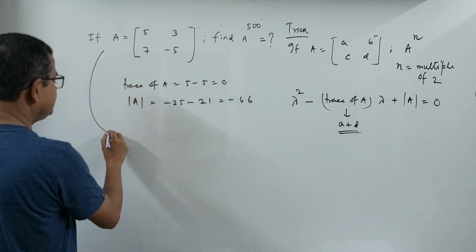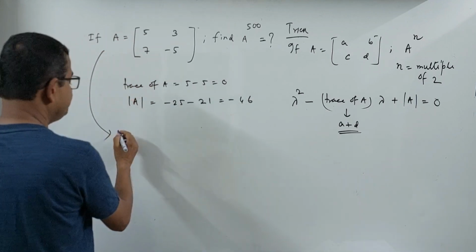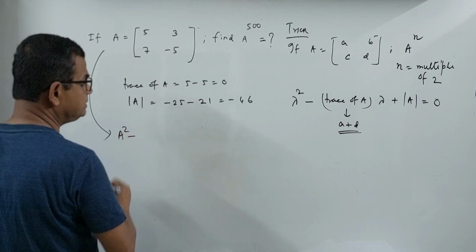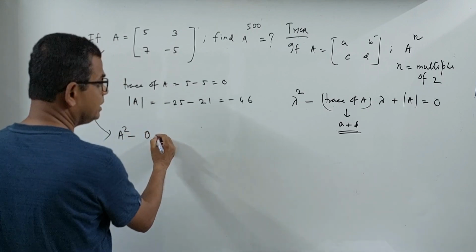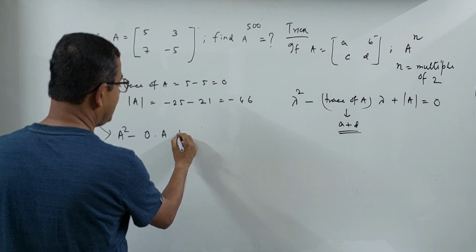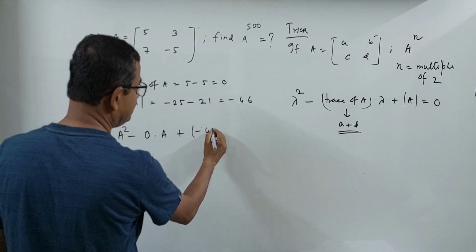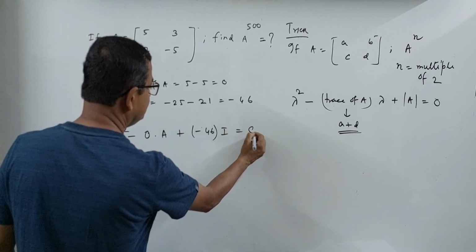Now the characteristic equation of this matrix: A square minus trace of A, that is 0, into A plus determinant A, that is minus 46, into I equal to null.